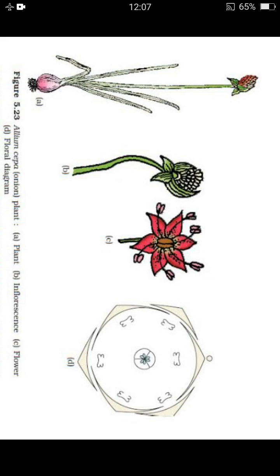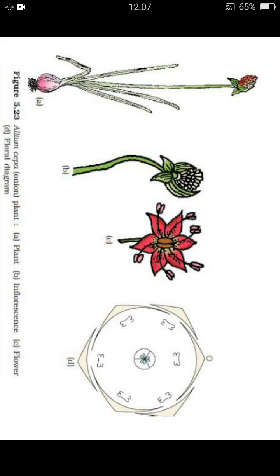Please make a note of this point in the notes. Define epipetalous: where the stamens are attached to petals is called epipetalous. Understood? How many stamens can be seen here? 3 plus 3 arrangement, like petals, only 3 plus 3.